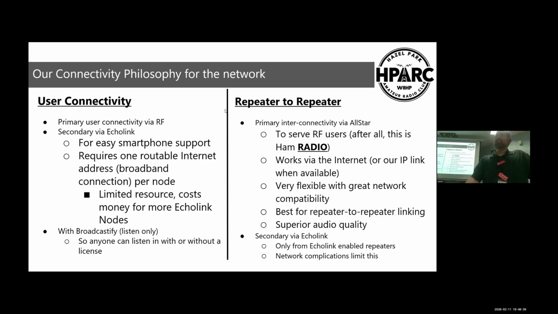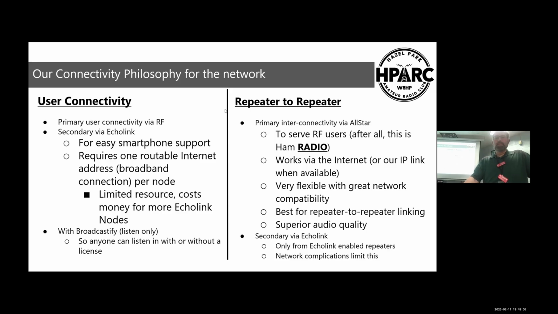So we are going to keep that. One other thing we're going to add is streaming audio to Broadcastify, which is a radio scanner website. So if anyone worldwide wants to listen in, they can. We'll expand our reach. If someone's looking at police scanners and says, "Oh, what's this? W8HP," they'll hear our net and all that.